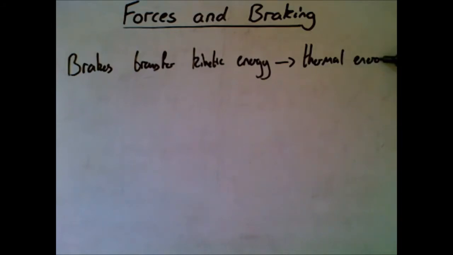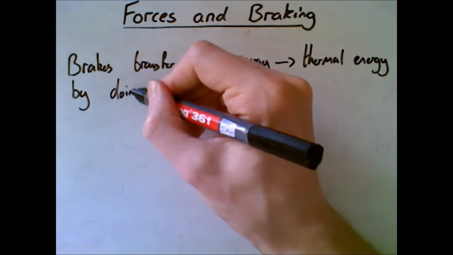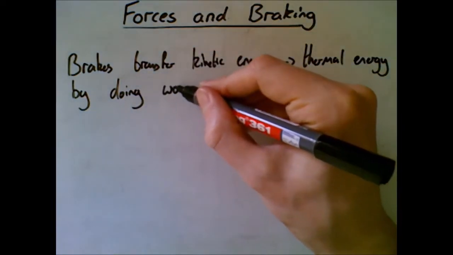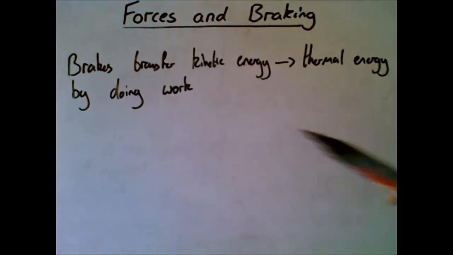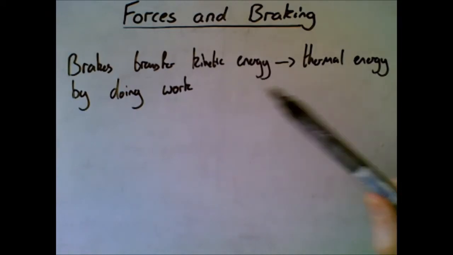And they do that by doing work. So brakes do work, they transfer energy. Remember, work done is just energy transferred by a force. And the force here is friction, and that transfers the kinetic energy of the car into thermal energy.